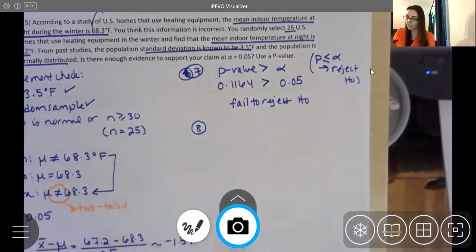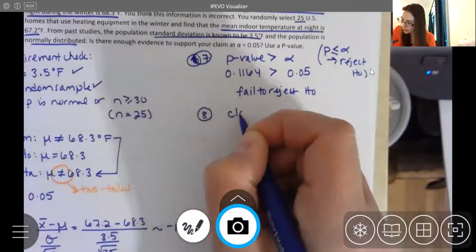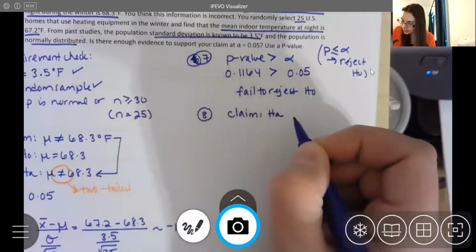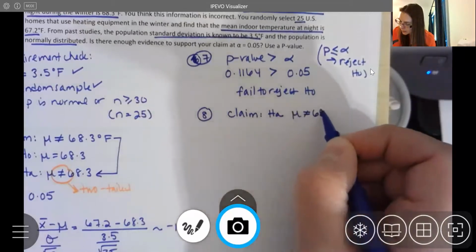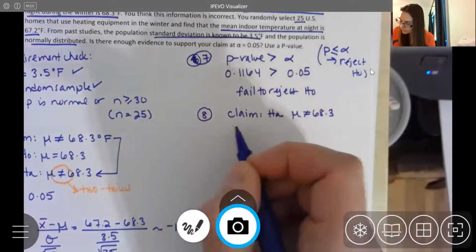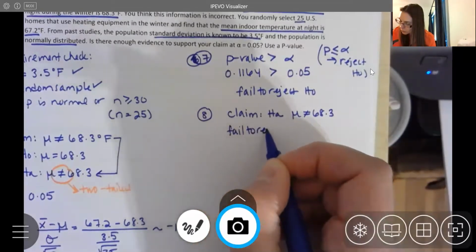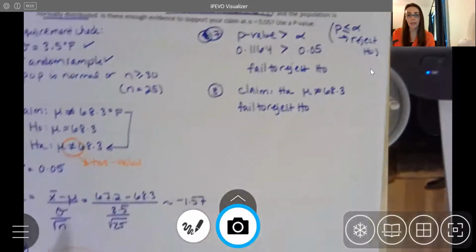So the final piece then is to really state this in words. Let's just be careful here. Our claim is the alternative hypothesis, which was that the mean is not equal to 68.3, and we are failing to reject the null hypothesis here. So we're not rejecting the null.